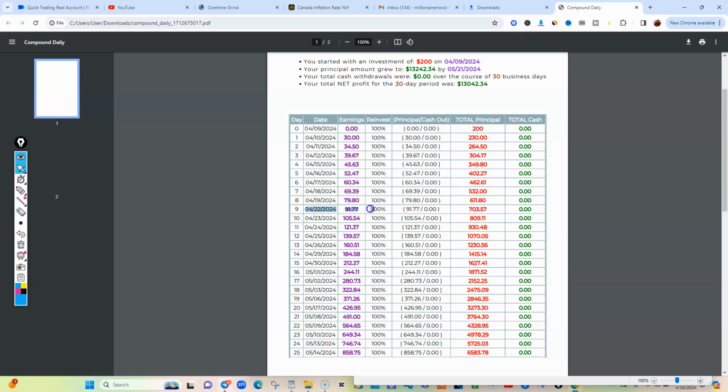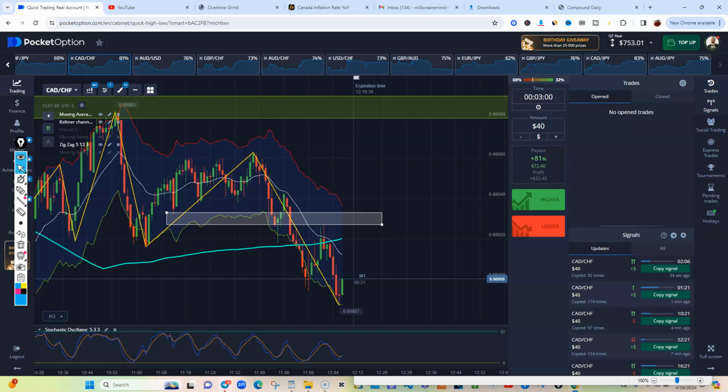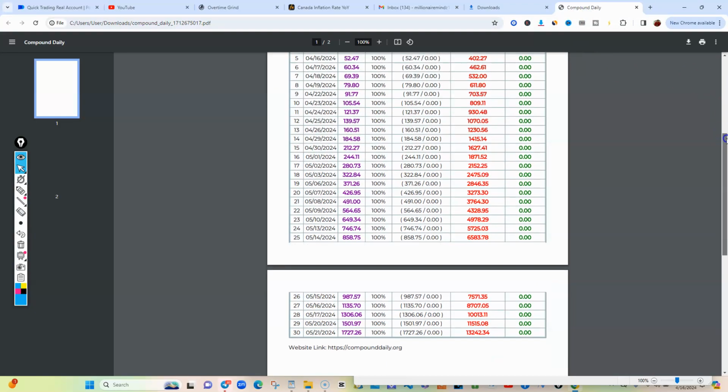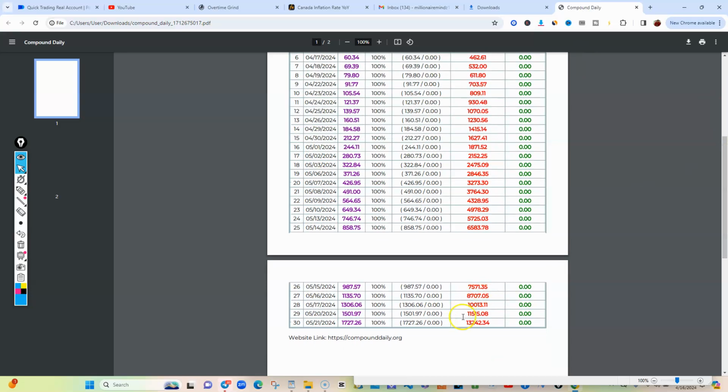And I ain't supposed to be here until the 23rd. So we're moving right along. But this just goes to show you that you do not need a lot of paper to make a lot of money, right? I'm going all the way to 13K. All right. So we're getting there. We're here. We got a little bit more to go.